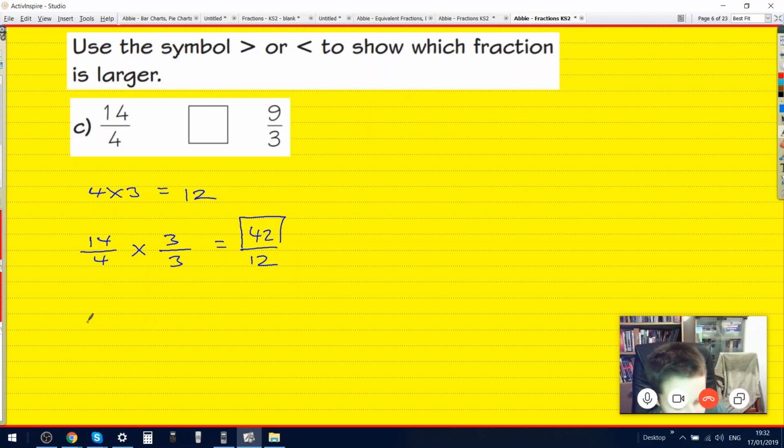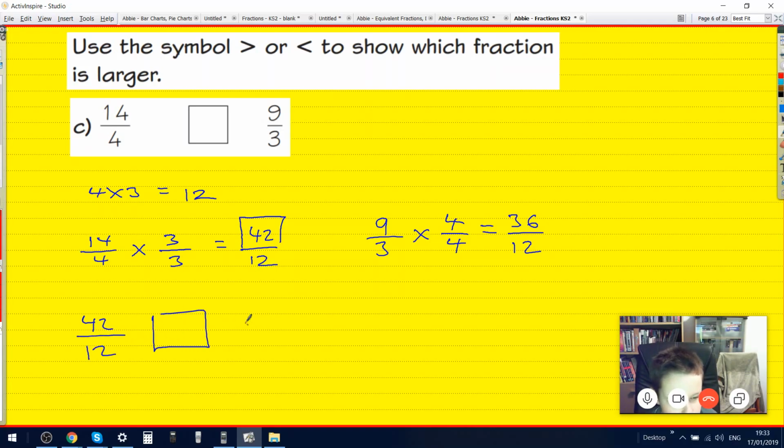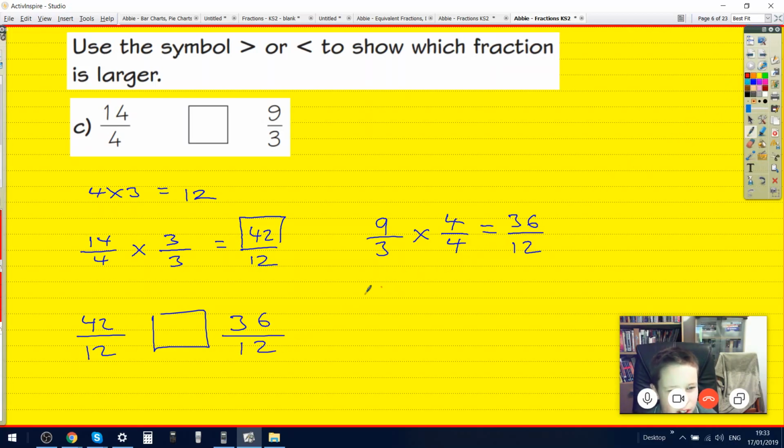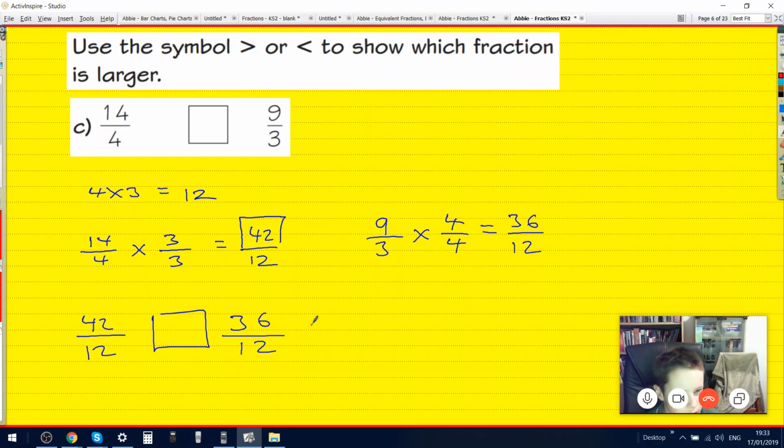Okay. And then for 9 thirds, you times 3 by 4 to get to 12, and so 9 times 4 is 36. Okay. So we have 42 over 12 and 36 over 12, and so 14 over 4 is larger than 9 thirds.